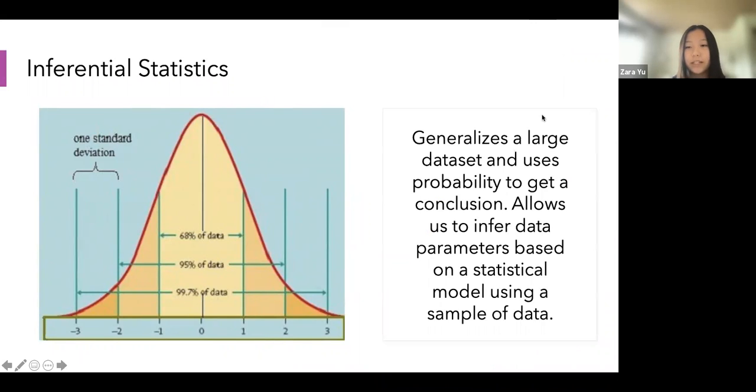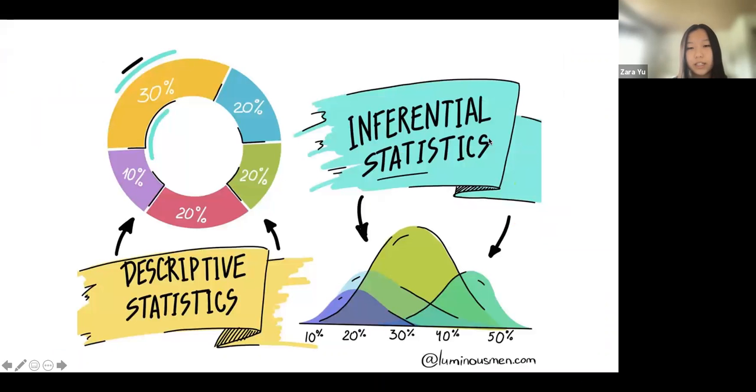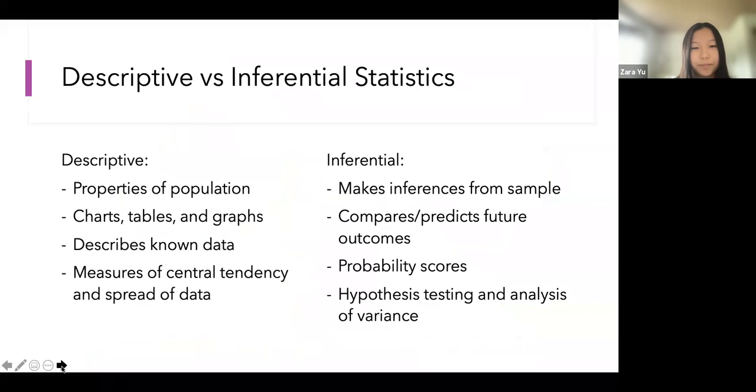This generalizes a large data set with a sample and uses probability to get a conclusion from that sample. So it allows us to infer data parameters based on a statistical model using a sample of data. This is just the difference here. Descriptive statistics makes conclusions about the entire population, while inferential statistics draws on probability methods instead.